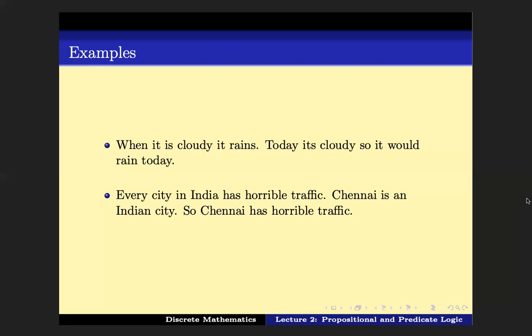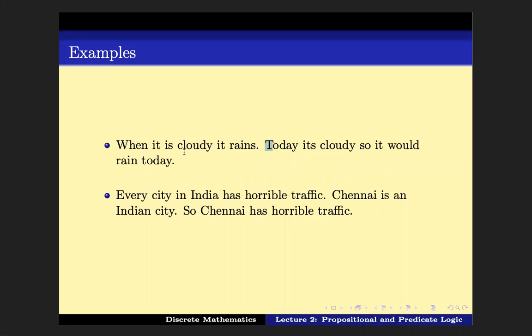So this is an and, right? A dot, a full stop, means an and. The first statement is also a composition: if it is cloudy, it implies it rains. And you have also been told that today is cloudy, which implies that today it will rain.